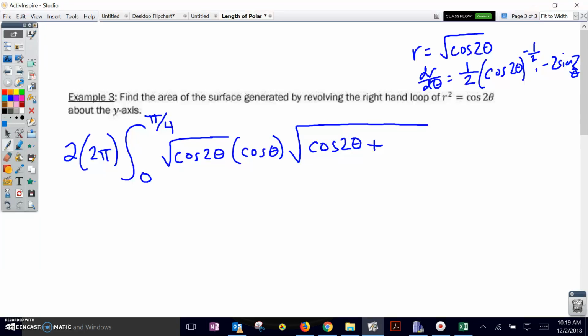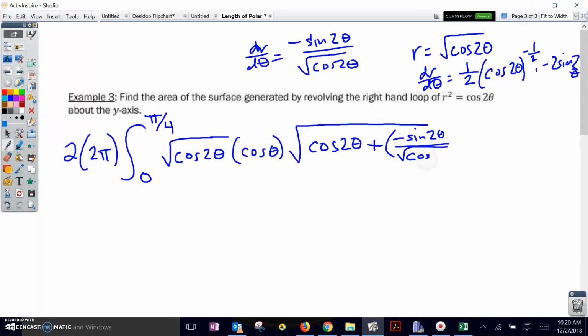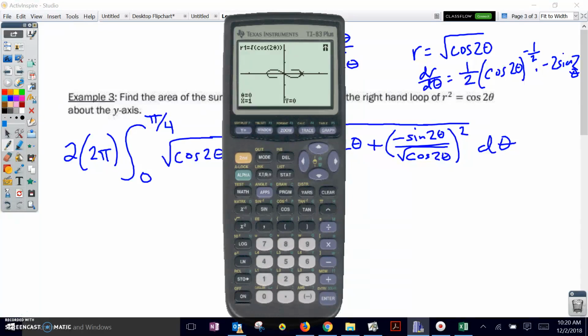Simplifying all that, we get that dr d theta is negative sine of 2 theta over the square root of cosine of 2 theta. So we're going to take that and square it, with respect to theta.